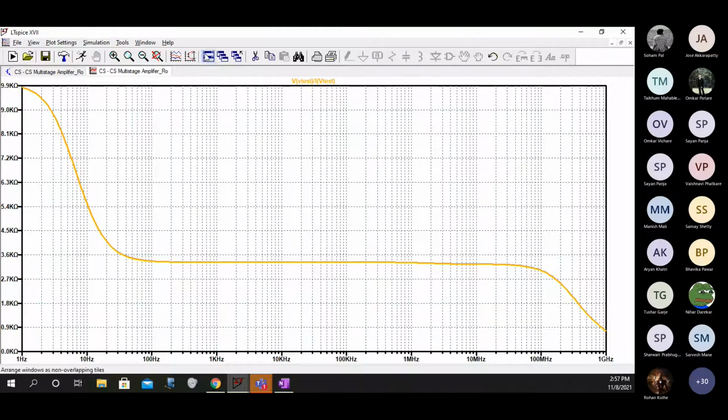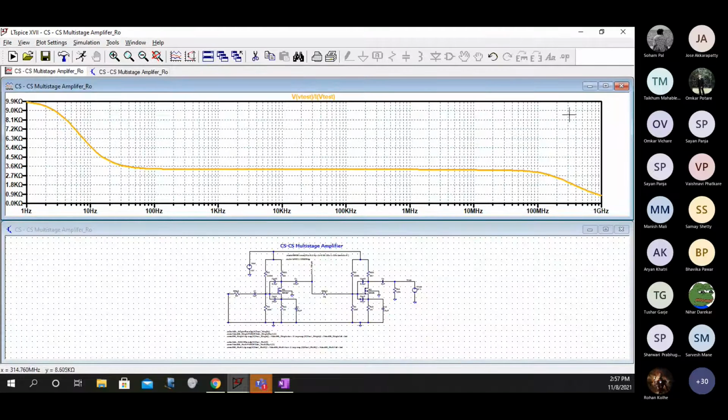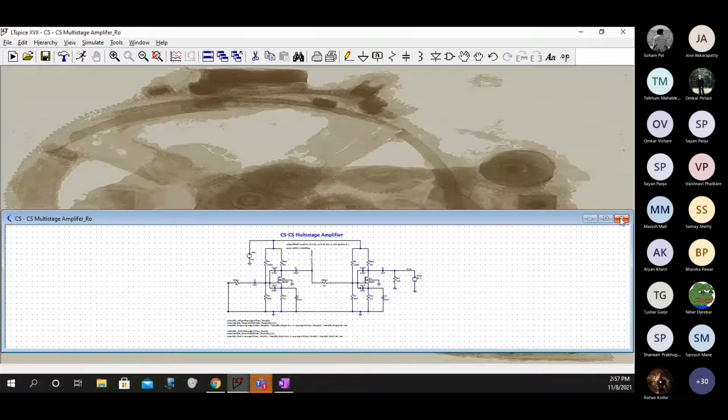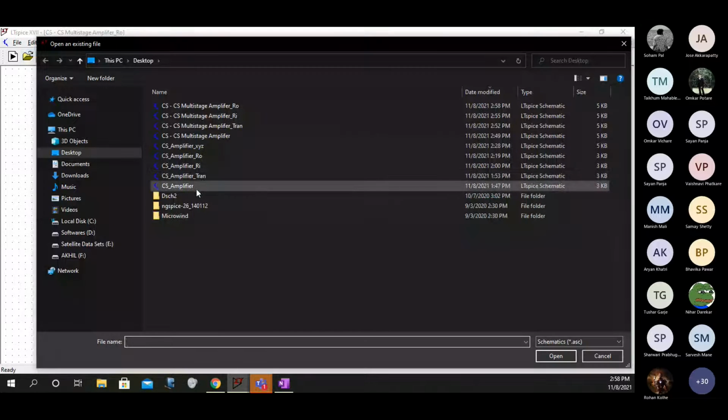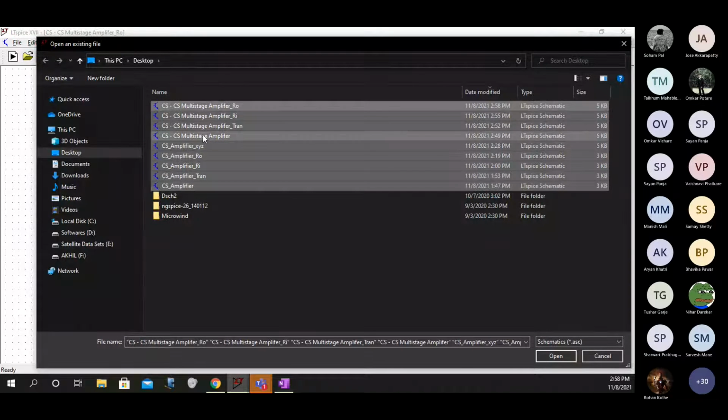So you can do this. I'm going to give you these files, just a minute. I'm giving you all the 8 files for today.